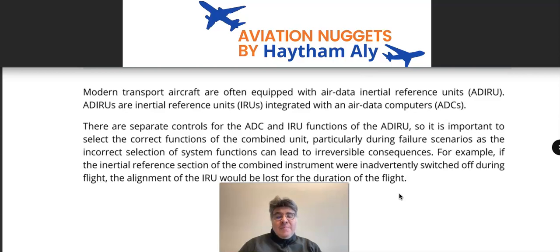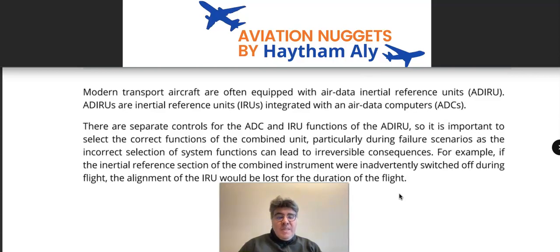Pitot and static systems, pitot probe and static port, maybe TAT probe also, supply data to the air data computer in order to be transferred into airspeed, altitude, vertical speed, static air temperature, true airspeed.